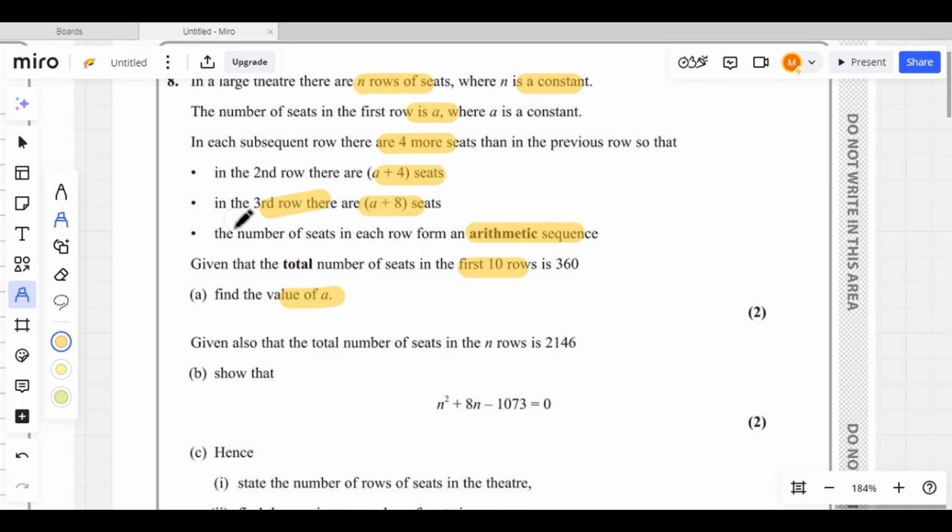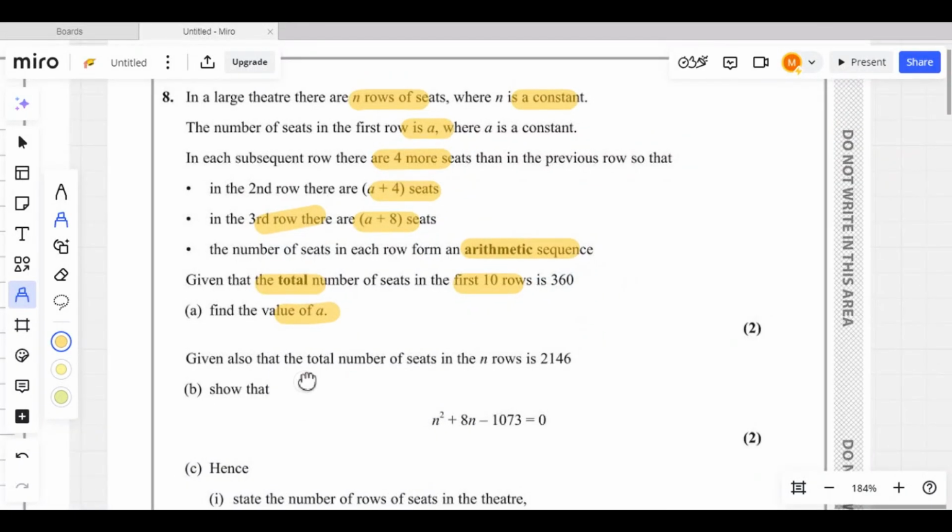So in this case, they said what? The total. It is written in bold, right? So in that case, you need to understand that it is the sum of the seats till the 10th row.